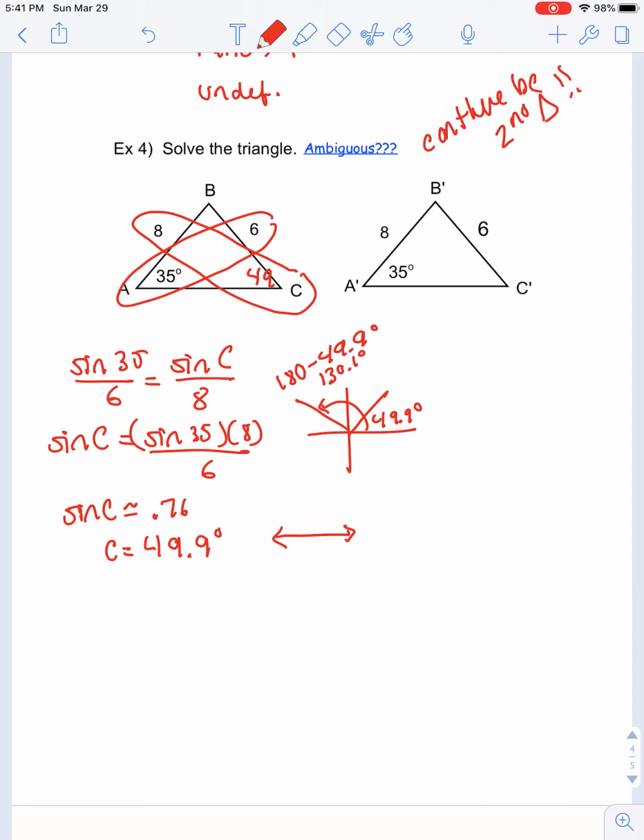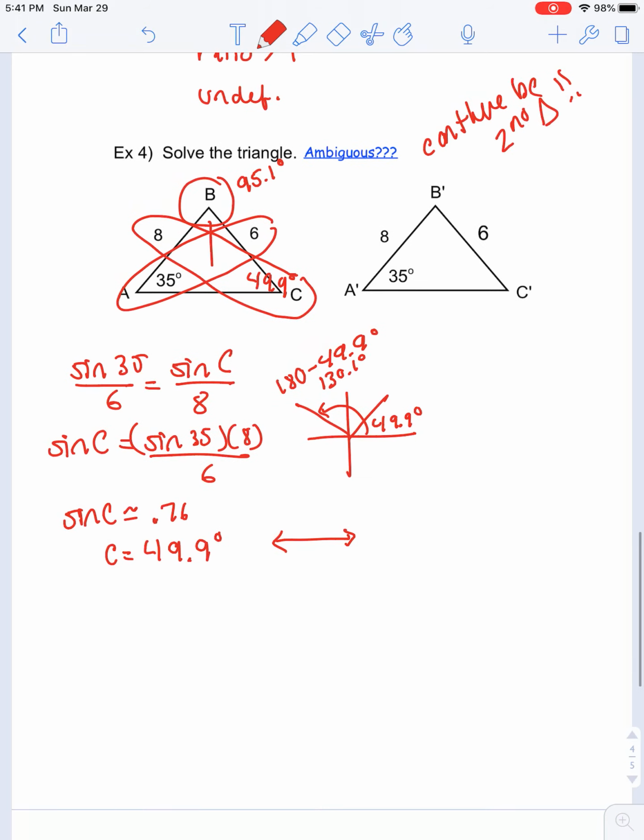So in the first situation, if angle C is 49.9 degrees, then to find angle B, I would have to do 180 minus 35 minus 49.9, which means angle B would be 95.1 degrees.